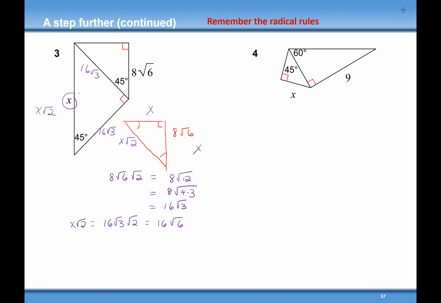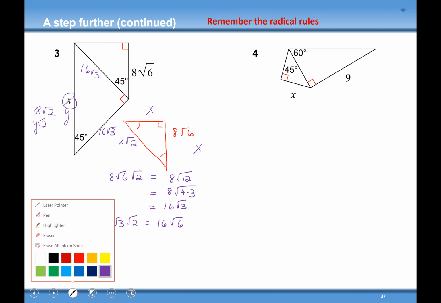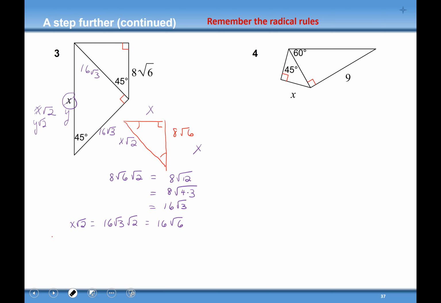Sometimes it helps to think of this number, you might want to cross this out and do y, or do this as y root 2. In other words, what you want to think about is how can we set that up in a way that you don't accidentally use the wrong numbers.